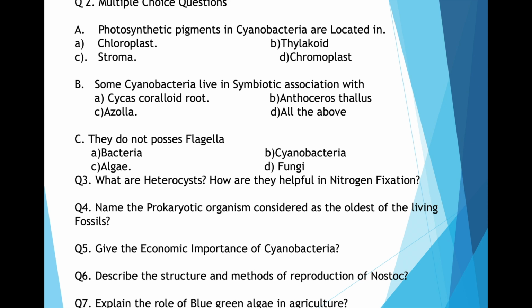Question number 6, describe the structure and methods of reproduction of Nostoc. Question number 7, explain the role of blue-green algae in agriculture. There can be one-word questions also, like the other name of cyanobacteria is dash, or cyanophyceae and myxophyceae are same or different. So in viva also these questions can be asked by the external examiner.